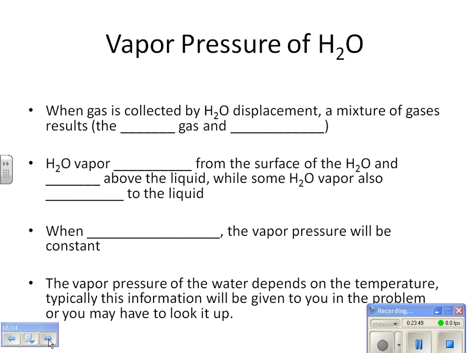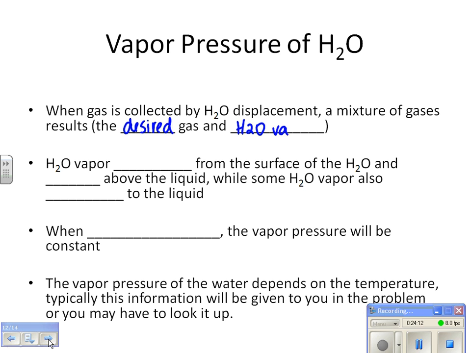The problem with that is that a little bit of the water will evaporate into the gas. So when a gas is collected by water displacement, you end up with a mixture of gases. One of them is the desired gas, and the other one is the water vapor.